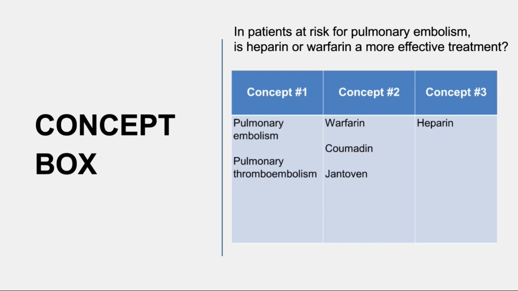For pulmonary embolism, there's also pulmonary thromboembolism, and for different concepts, there might be a British spelling and an American spelling, or there might be different tenses. Or if you were interested in a concept like quality of life, there might be specific aspects of quality of life that would go into there, like mobility or participation in the activities of daily life, or those kinds of ideas.